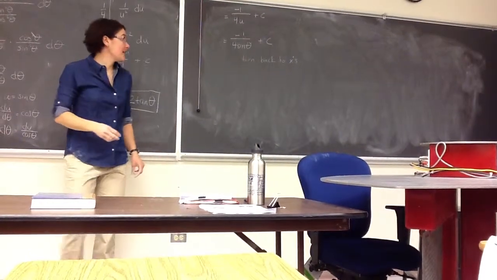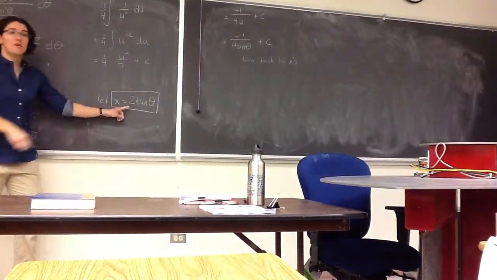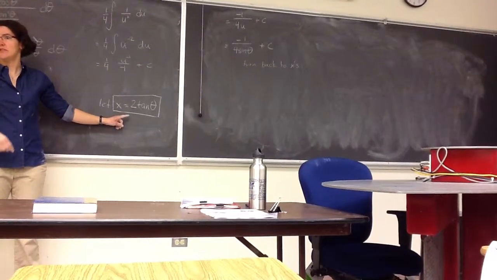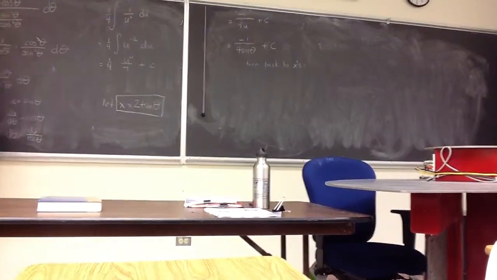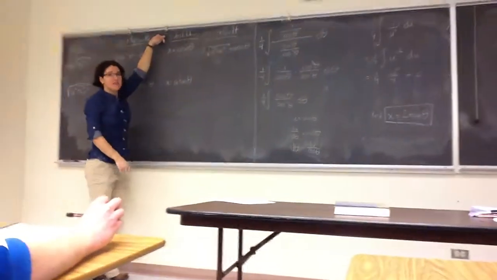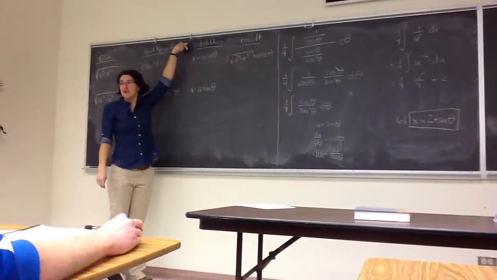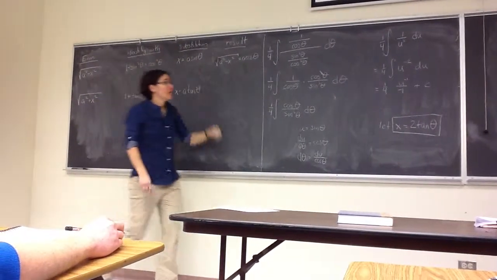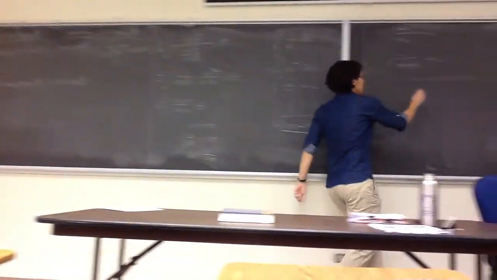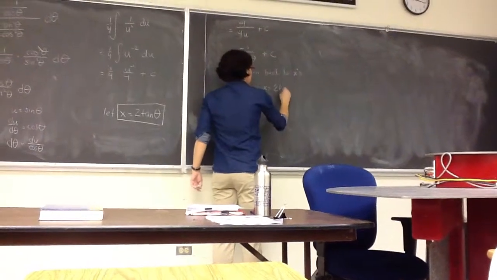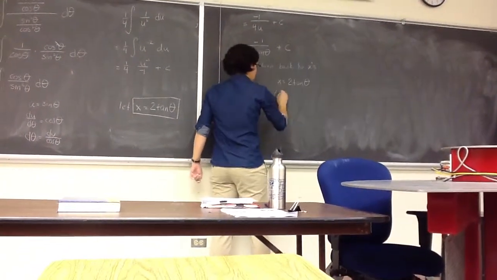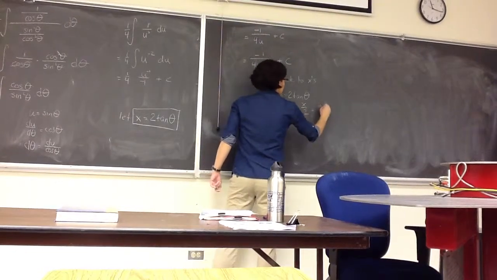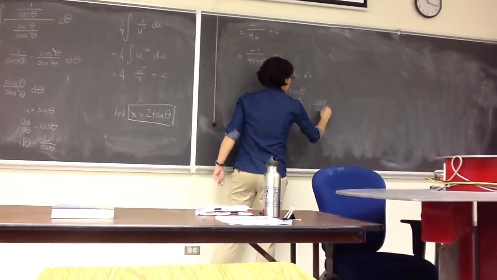So in order to turn back into x's, I need to know my substitution. Everything in this problem hinges on your choice of x. And so this column right here, this substitution, that choice makes or breaks your problem. Okay, so we know that x is equal to 2 tangent theta, which means that tangent of theta is equal to x over 2. Tangent is opposite over adjacent.